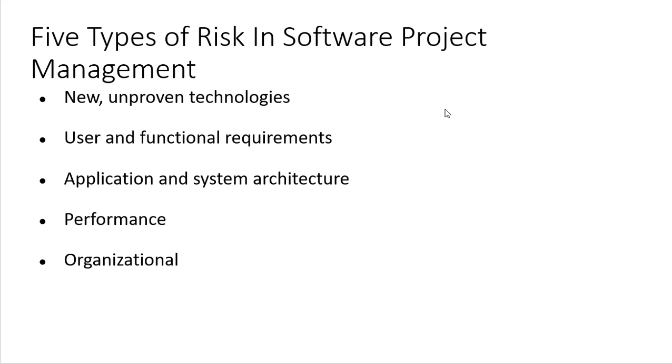Here are the 5 types of risks in the software development works: the new unproven technologies, the functional requirements, the system architecture, the performance risks, the management risks.